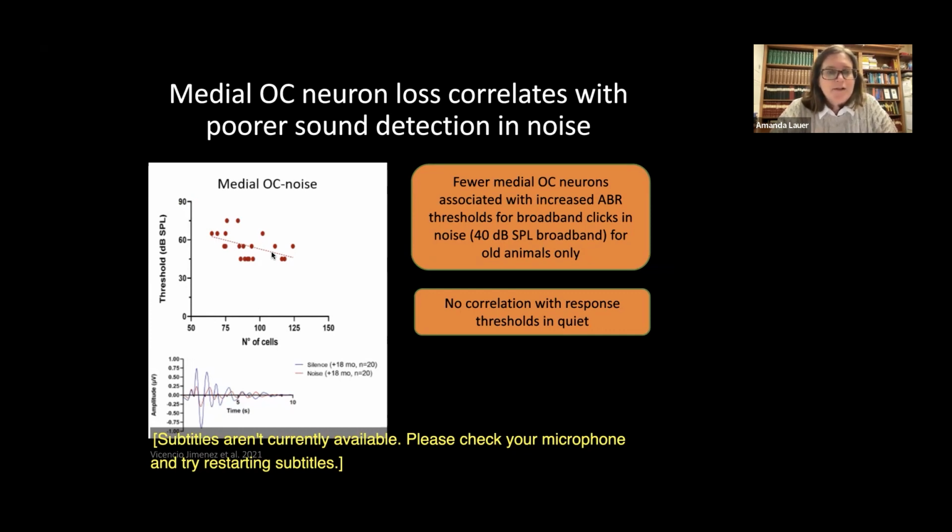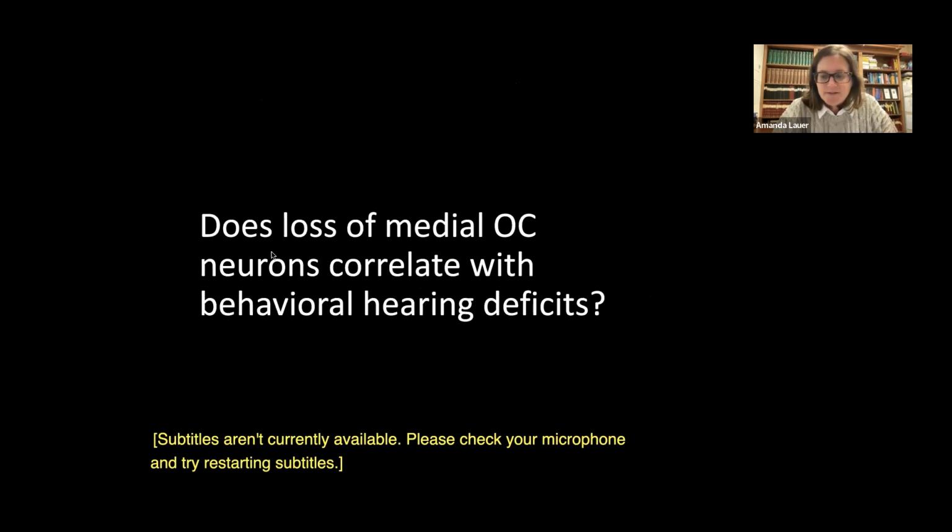So this loss of medial olivocochlear neurons with age seems to be really mostly a problem for aging animals, possibly because they don't have other compensatory mechanisms, or weakening of compensatory mechanisms that normally could step in to help mitigate this loss of neurons and this poor hearing in noise.